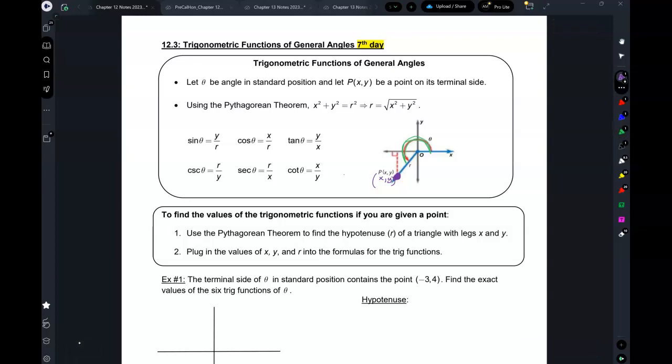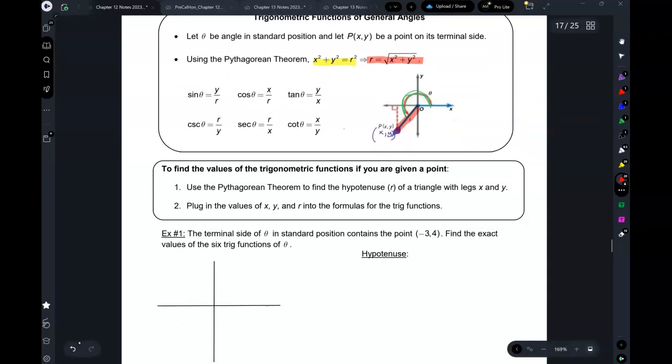So the coordinate has x and y. You remember what the Pythagorean theorem is, right? X squared plus y squared equals r squared. When you solve that for r, here's what you have. So you basically use the Pythagorean theorem to solve for r. R is the radius. It is this distance from the origin to the point. So you use the Pythagorean theorem to find r, and then you can use the x and y to find sine, cosine, tangent.